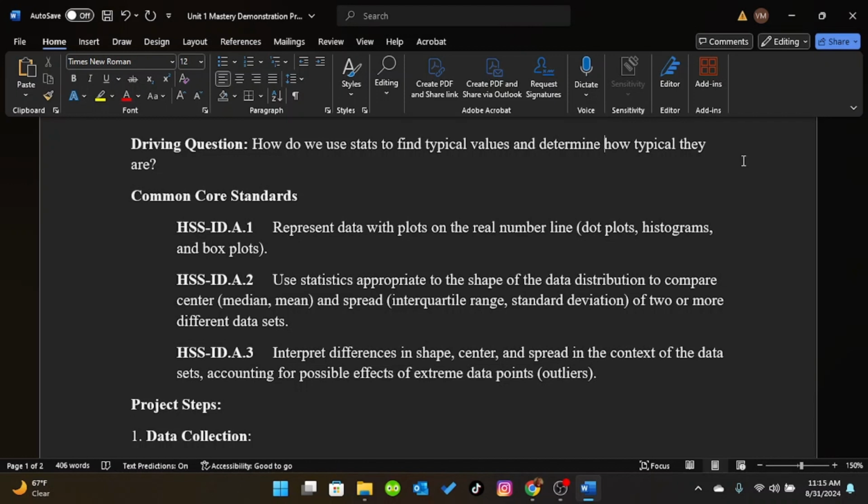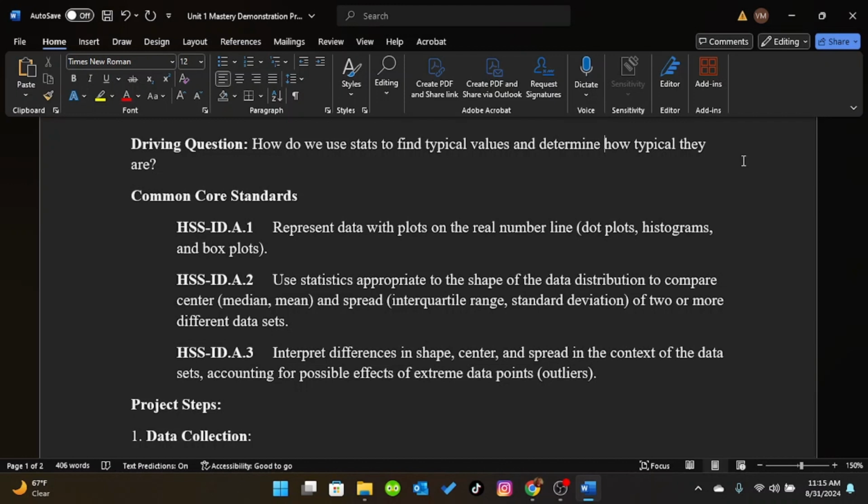And the last standard that we are testing for is that you need to be able to interpret differences in shape, center, and spread in the context of the data sets, accounting for possible effects of extreme data points or outliers.